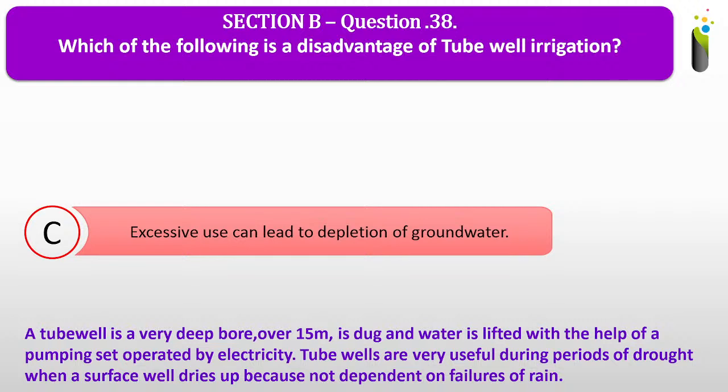It is dug and water is lifted with the help of a pumping set operated by electricity. Tube wells are very useful during periods of drought when a surface well dries up because they are not dependent on rain. Zaina, your answer was also correct, child. Very good. We go to question number 39.